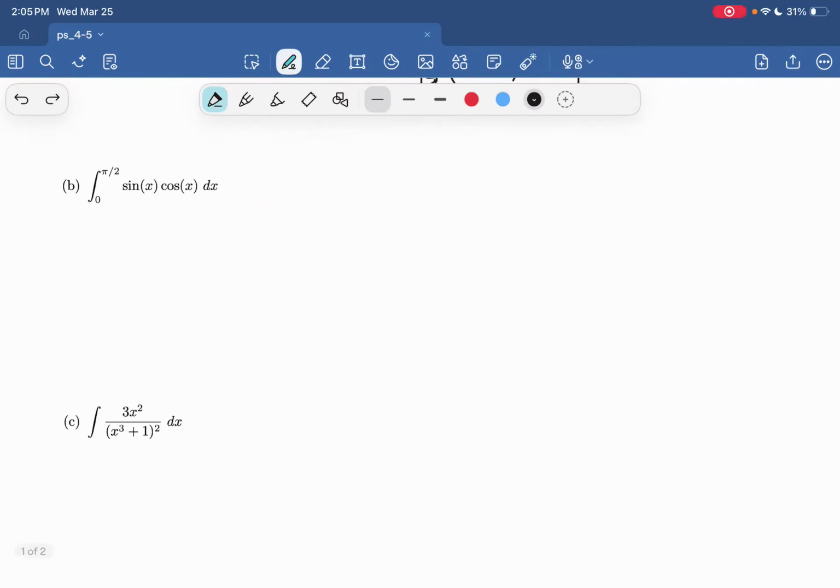Next, for this one, you can choose either u to be sine or cosine. Both would work. I'm going to choose u to be sine. And then du dx here is cosine x, which means that dx equals 1 over cosine x du.